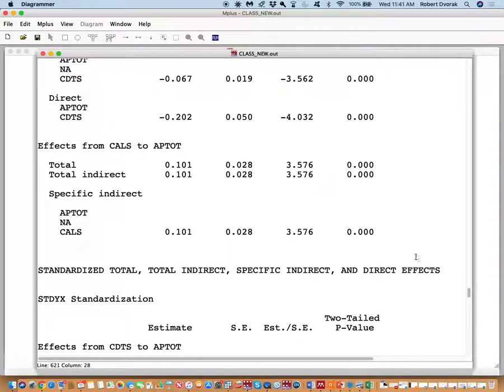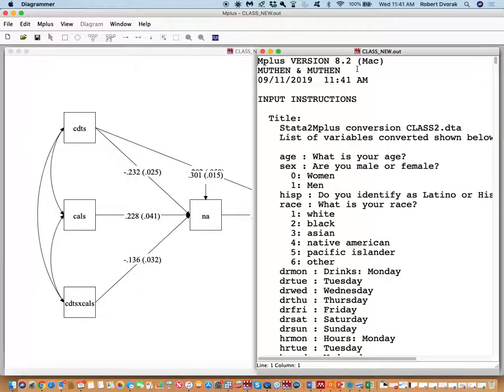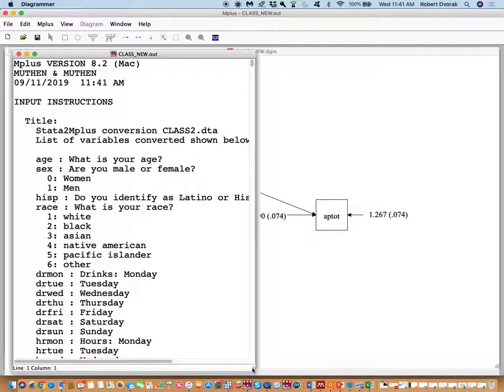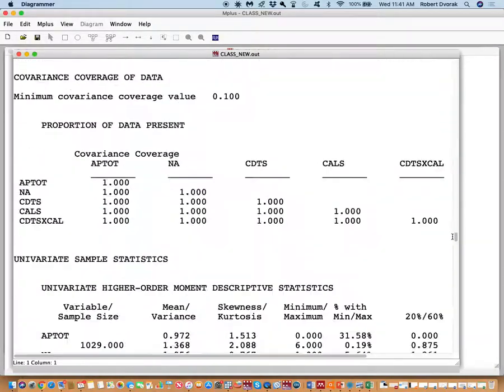So if we look at alcohol problems right now, from affect lability to alcohol problems, not using standardized, we see that it is 0.101. Let's go and change our distress tolerance. So let's see what happens if we can increase a person's distress tolerance by 1 standard deviation. We already know that that's going to affect that affect lability to negative affect slope.